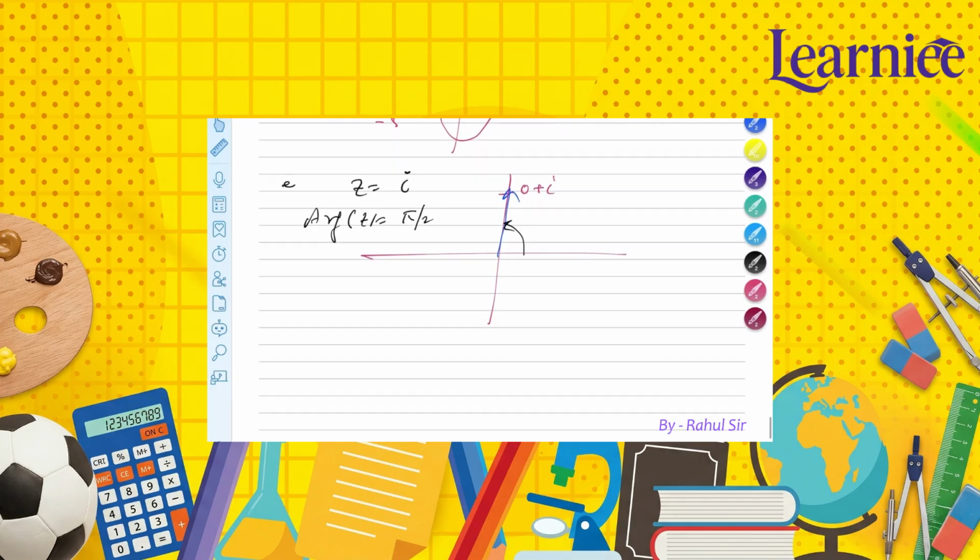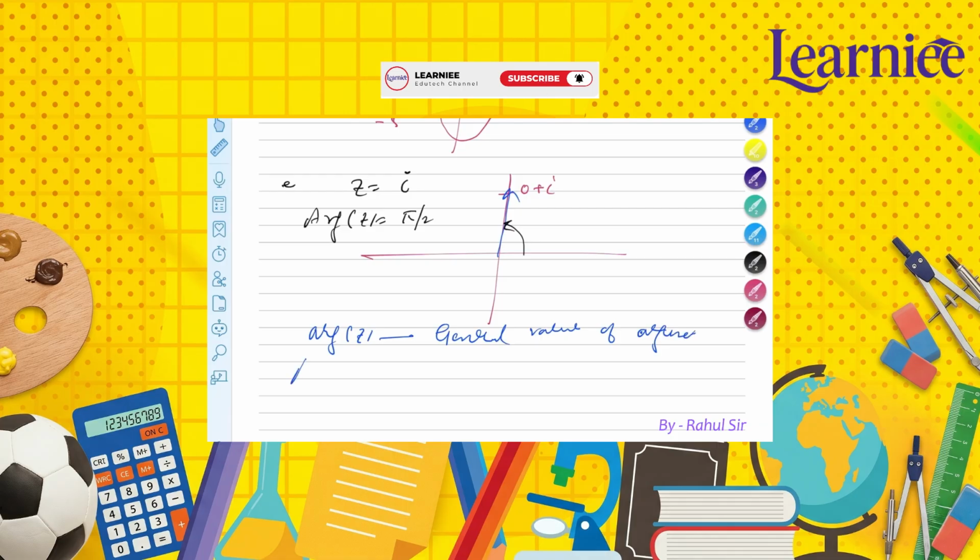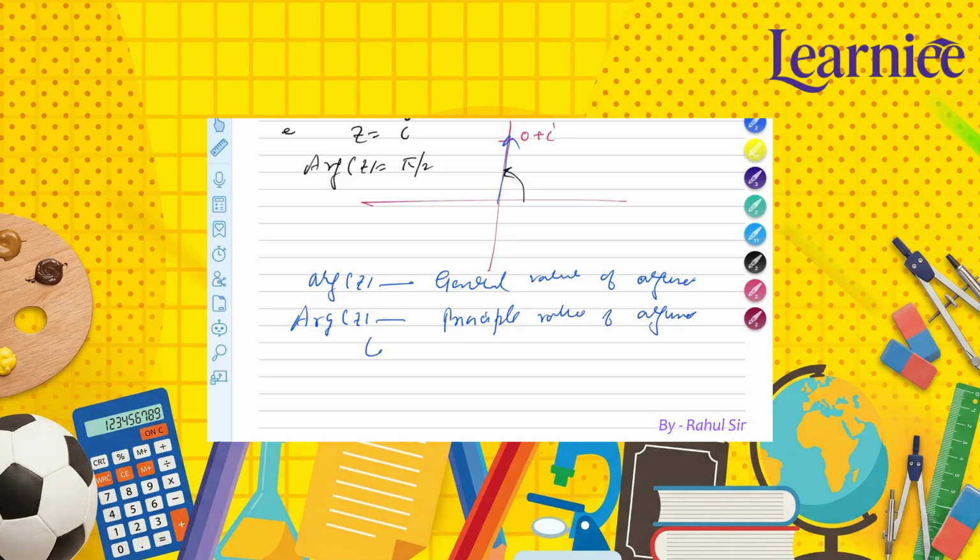Essentially, the argument of z means the general value of direction, whereas capital A R means the principal value of argument, which has values from minus pi to pi.